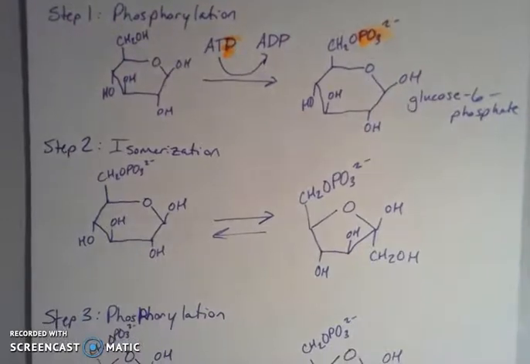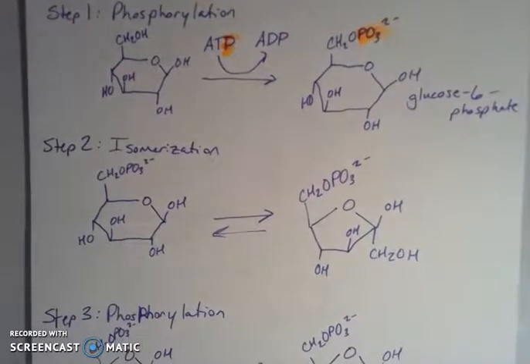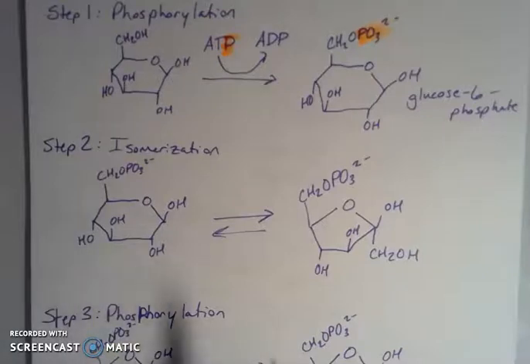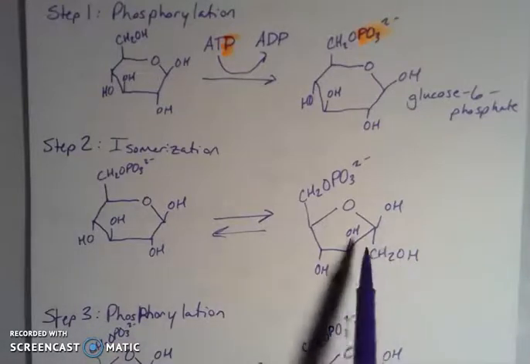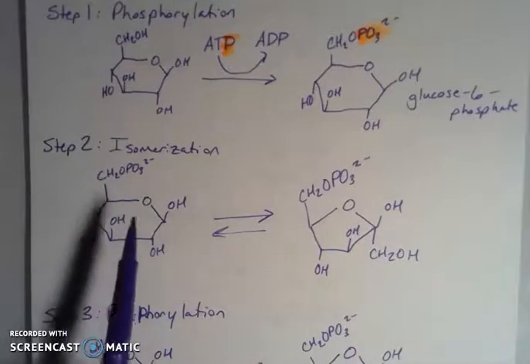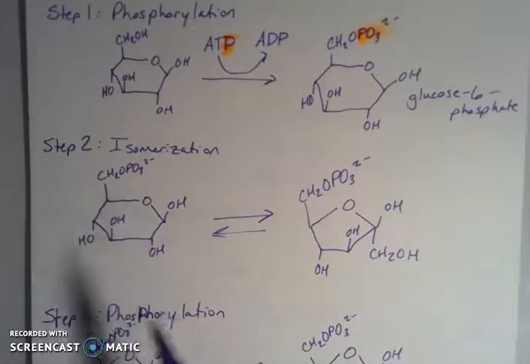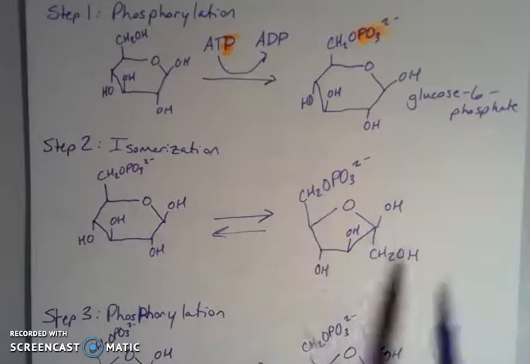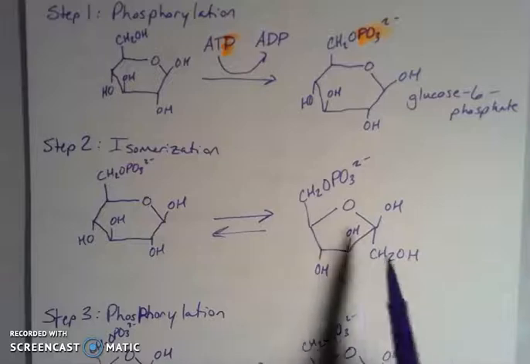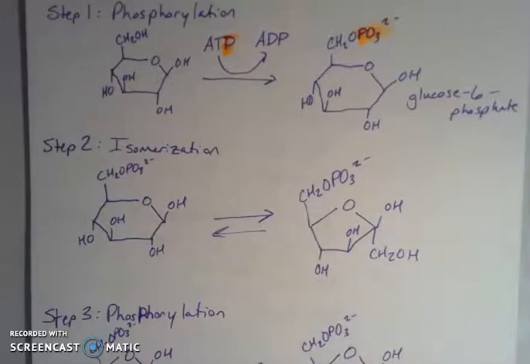Now we're stuck in the cell. Now that glucose 6-phosphate is my reactant here. It's going to undergo some isomerization and become a 5-membered ring instead of a 6-membered ring. So glucose is 6-membered. It's a hexose. It's an aldohexose because it's an aldehyde, and it becomes a fructose ring, which is a keto instead of the aldo.